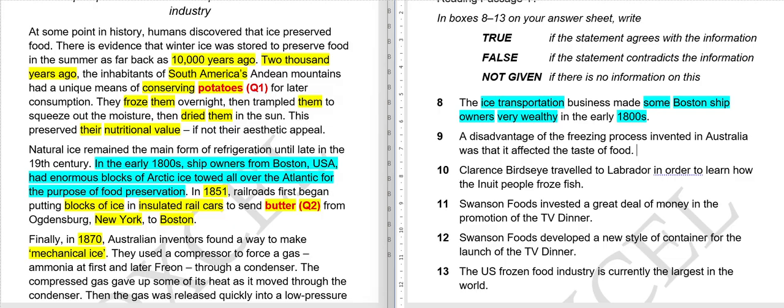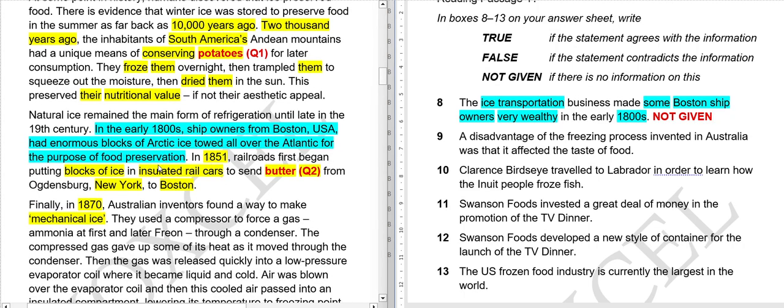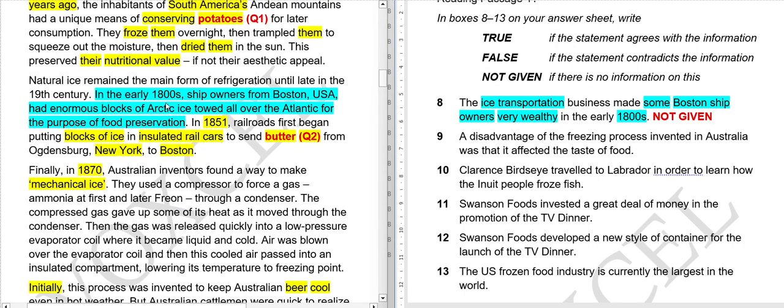Time's up. The correct answer to this question is not given. If you were able to figure it out, good. If you were not, don't worry, I'll tell you why. Here, if you read carefully, they are saying that in the early 1800s, ship owners from Boston, US had enormous blocks of Arctic ice. They are not saying enormous money.